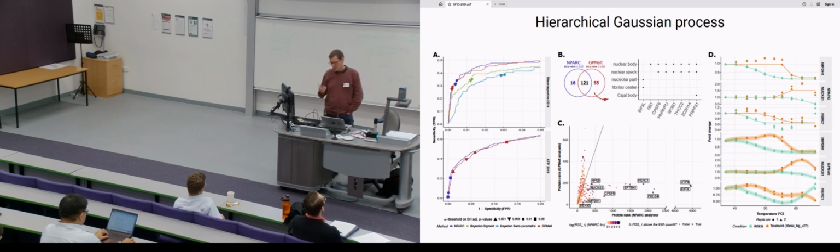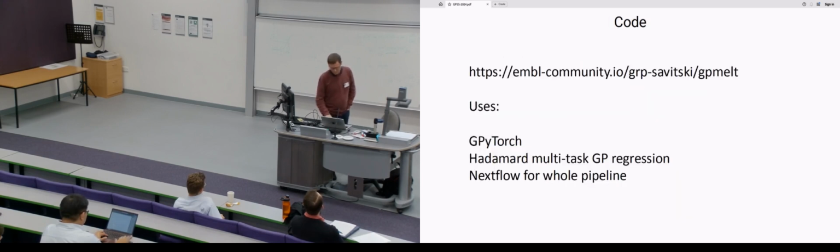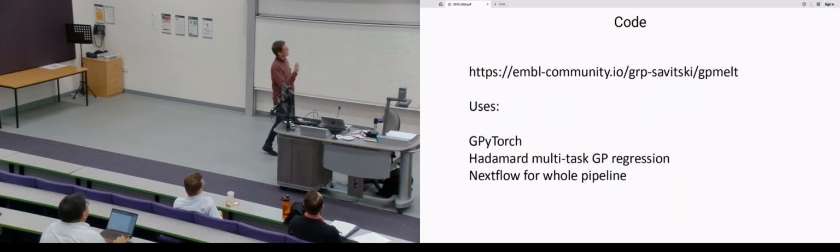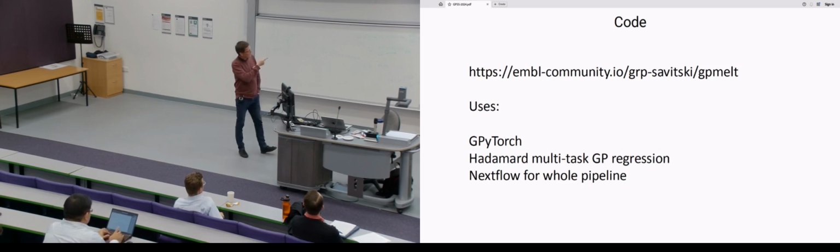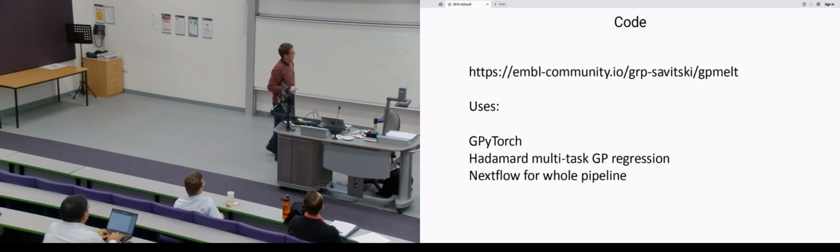So by being a little bit less constrained in our thinking about what these denaturization curves would look like, we think we picked up some signal that you miss with the standard package. And again, there's code. This time we used GPyTorch. We used a kind of multitask Gaussian process regression.